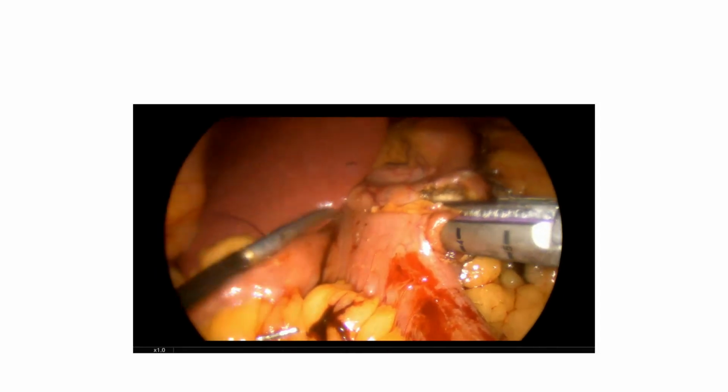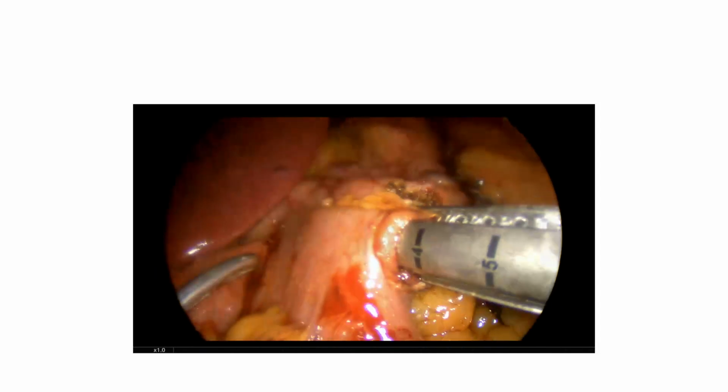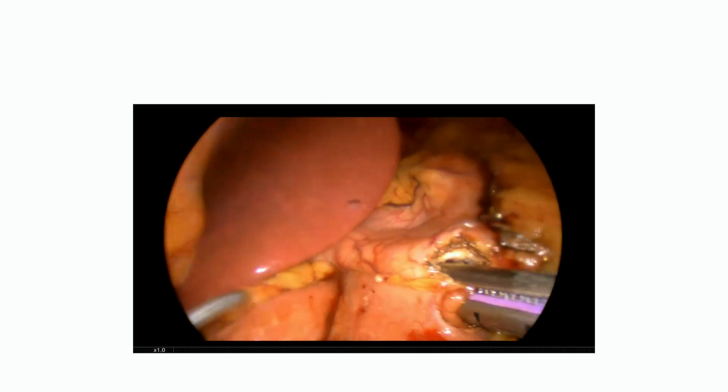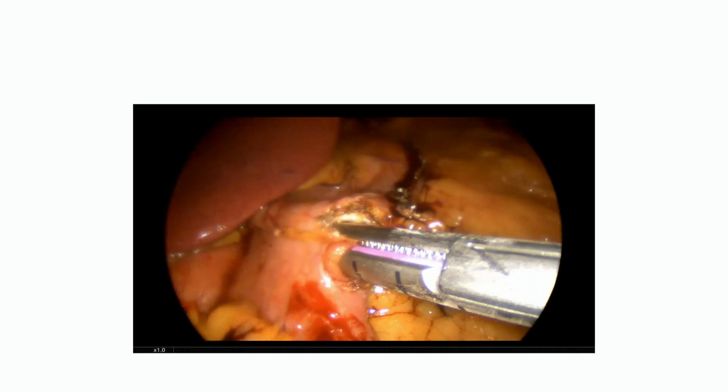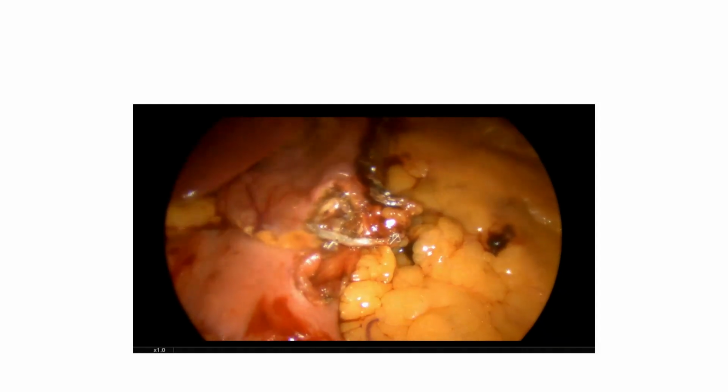So after that, we close the gastroileal stoma using 3/0 barbed suture.